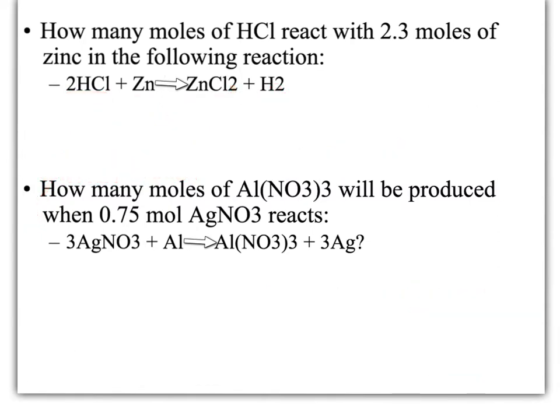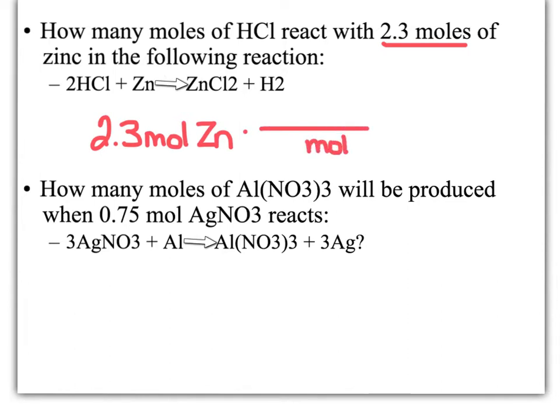So let's take a look at the problem. How many moles of hydrochloric acid react with 2.3 moles of zinc? So here's how you set this up. You always start with the piece of information that you've been given, which is 2.3 moles of zinc. Now, we have zinc, and we want to know hydrochloric acid. So we put the one we want to know on the top, the one we want to cancel on the bottom.